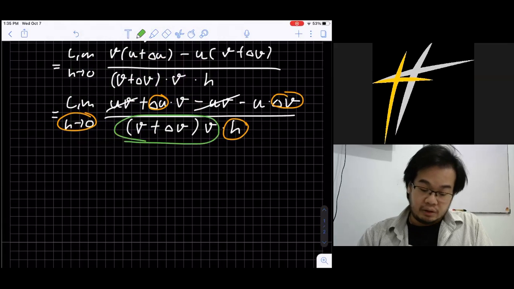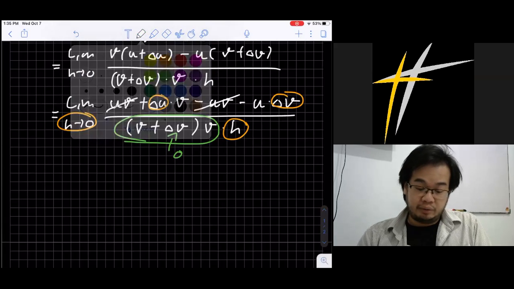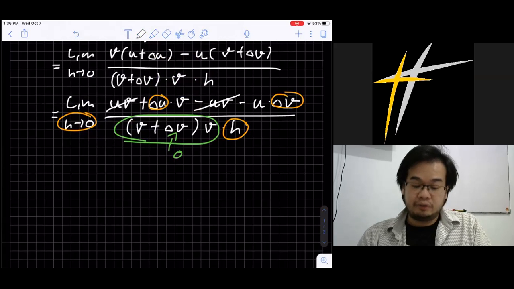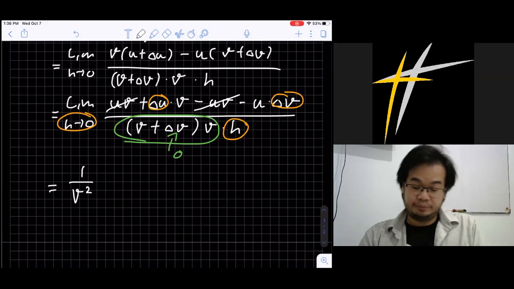Then delta v will be 0, but v plus 0 is v, and v times v is v square. So actually the v square can be put outside the limit. If I continue, it will be equal to 1 over v square from the green one. So the green one will go here.